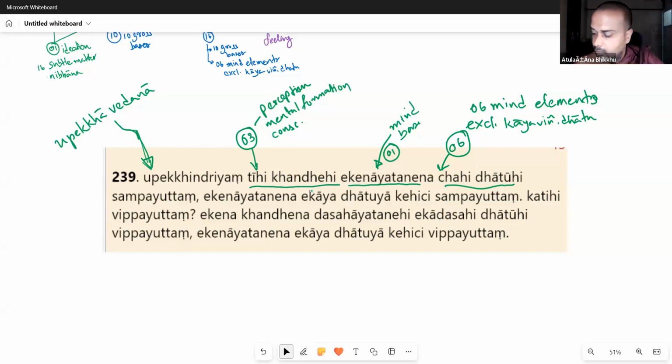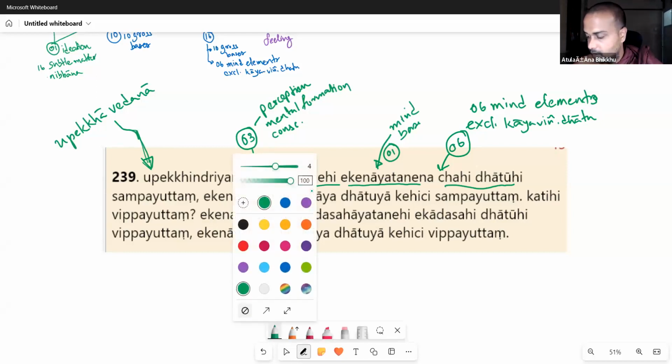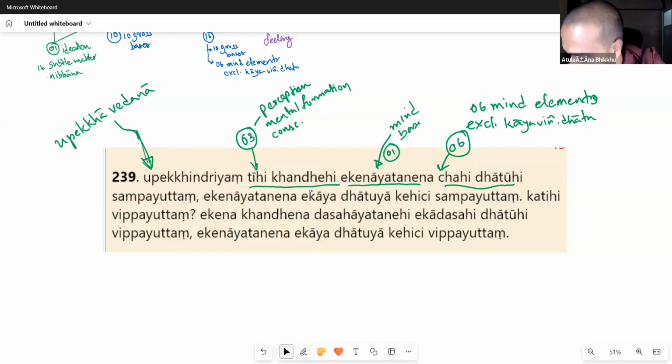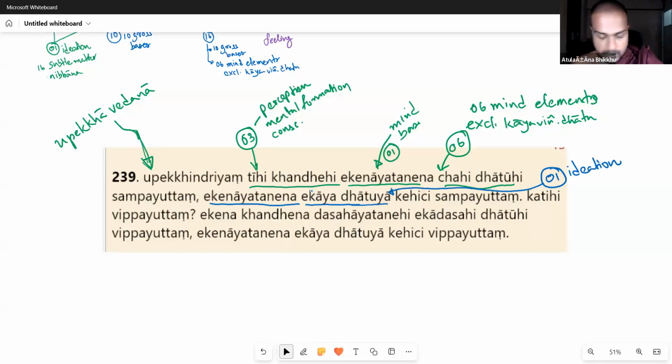So next we'll move to the kehichi sampayutta, the partial association. It says ekena ayatanena ekaya dhatuya kehichi sampayutta. So for this one, ekena ayatanena ekaya dhatu is the ideation base.